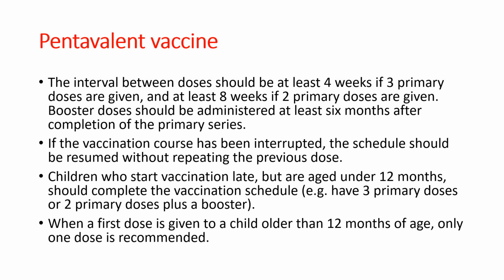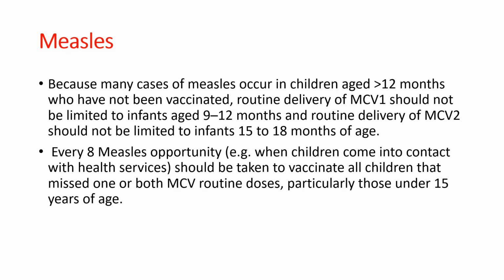Children who start vaccination late but are aged under 12 months should complete the vaccination schedule, that is 3 primary doses or 2 primary doses plus a booster dose. And when a first dose is given to a child older than 12 months of age, only 1 dose is recommended.